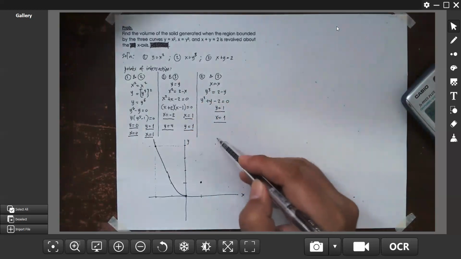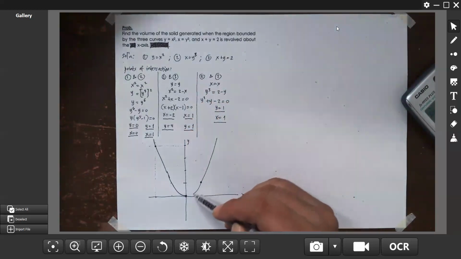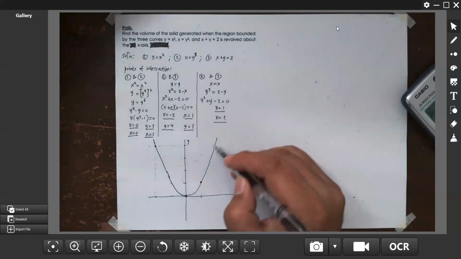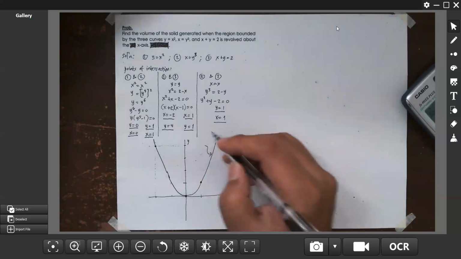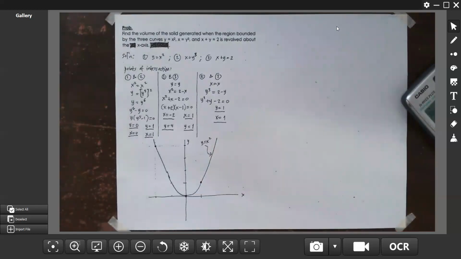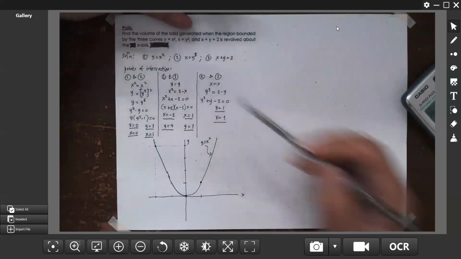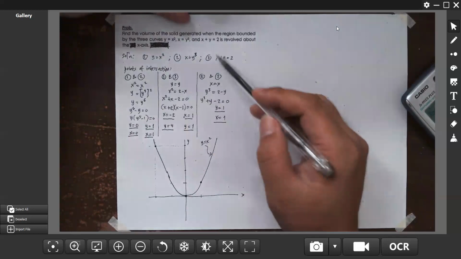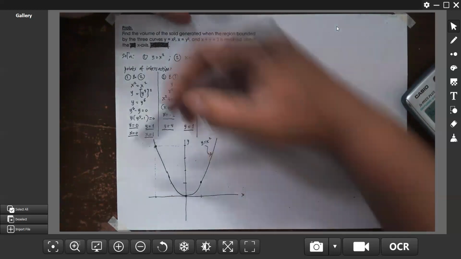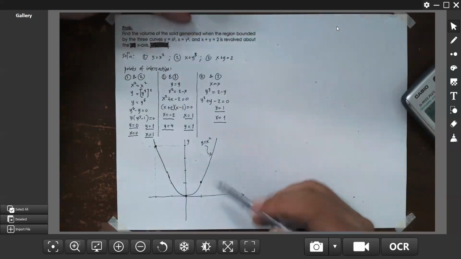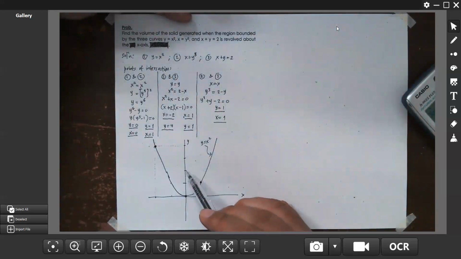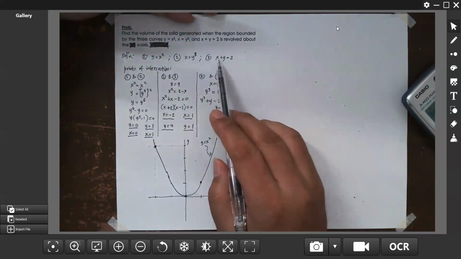This is our parabola, y equals x squared. And then the line, equation 3, will pass through this point and this point. Now, this line will intersect the y-axis. To determine this y-intercept, let's substitute x equal to 0 in the line.